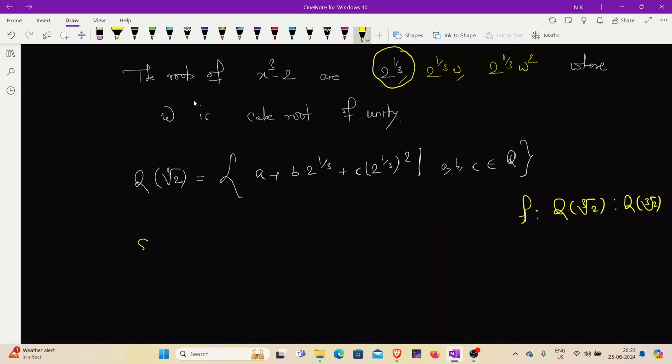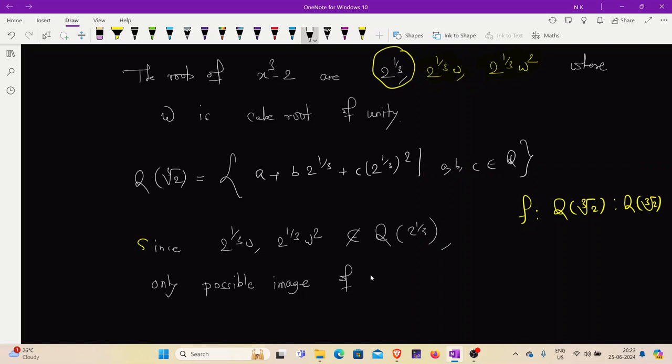Okay, so we can write that fact here. Since 2 raised to 1 upon 3 omega and 2 raised to 1 upon 3 omega square do not belong to Q(cube root of 2), the only possible image of 2 raised to 1 upon 3 is 2 raised to 1 upon 3.